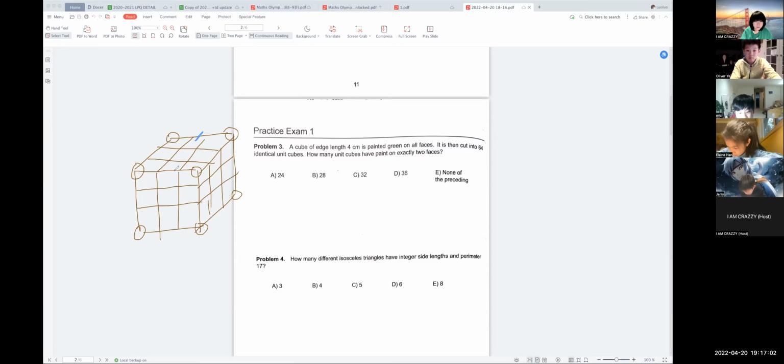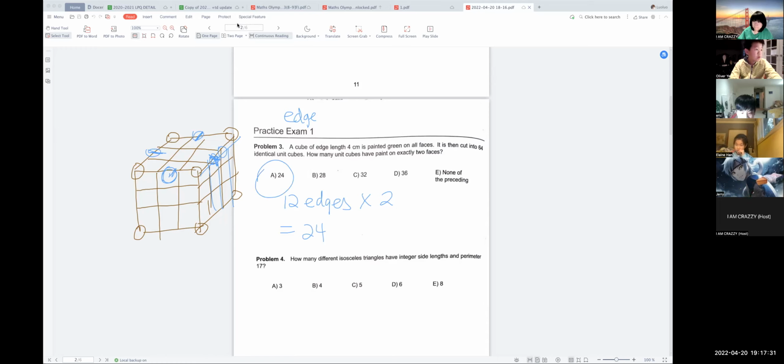But here, these ones are the number that only have 2. So basically, those kind of cubes appear on the what? On the edge, right? So how many edges does a cube have? 12 edges. And on each edge, because they're cutting 4, so 2 of them showing up.